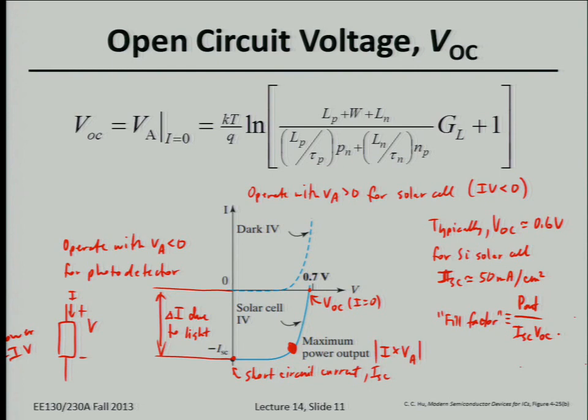Of course, the curve is not square, but if it were an ideal square, the maximum power your solar cell can output would be right at the corner where the I_SC horizontal line and the V_OC vertical line intersect. Typical fill factors today are maybe 75%, something like that, for a silicon solar cell.